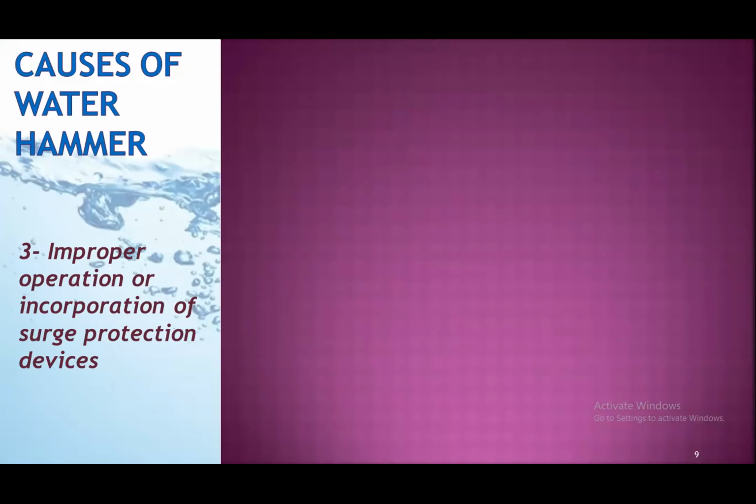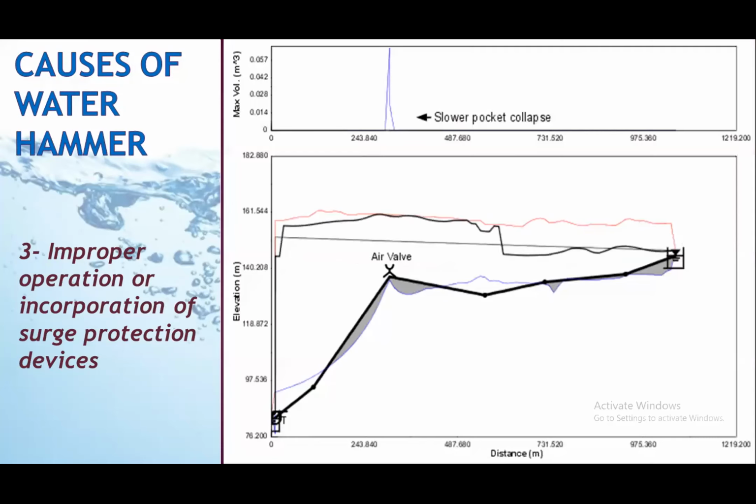Then at this point, I want to put an air valve to extract the air or the vapor that will be existing in the system. Okay, let's say I put that valve in a place that really is not the exact place where I need to extract the air, or I put it with a very large size, or I operated the valve in a very fast pattern.